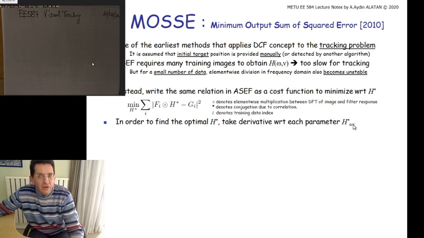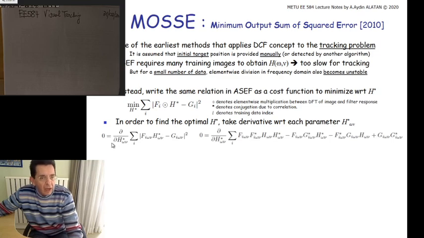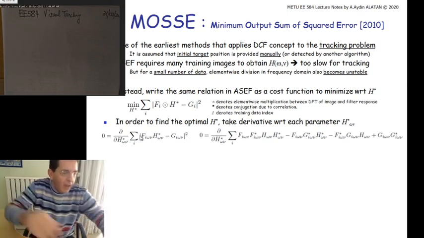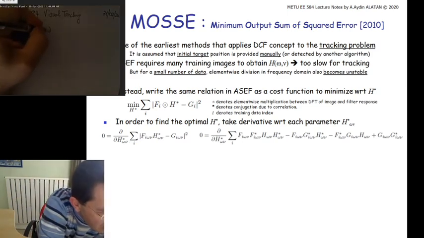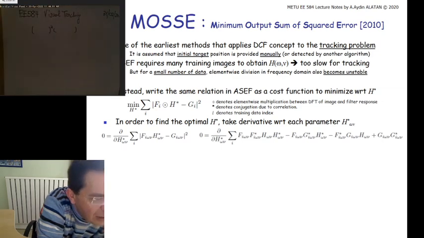Okay, for every individual frequency, we have to take the partial derivative and then equate to zero. If you do so, this difference is the magnitude squared, summed for every sample or training data we are using. Please note we have to do such a thing because we have to have this kind of a term.